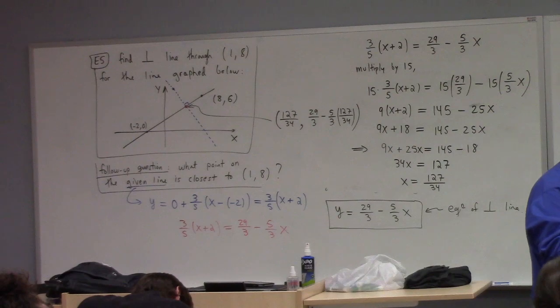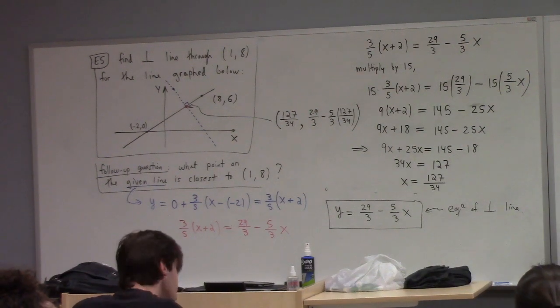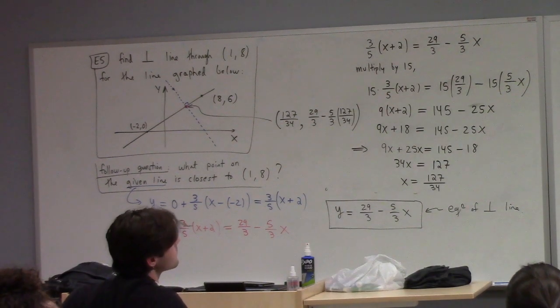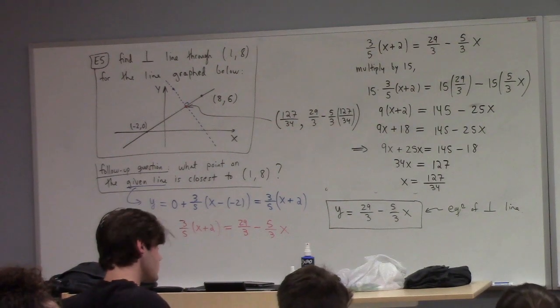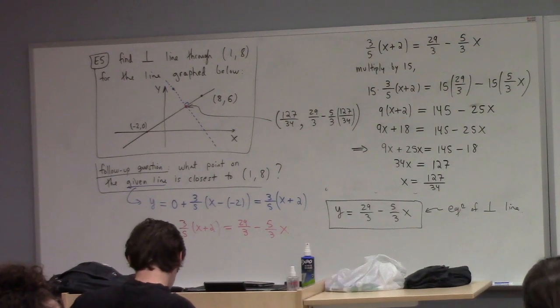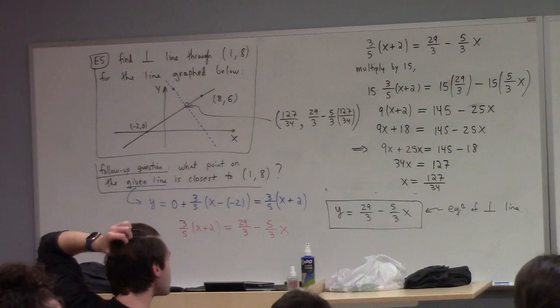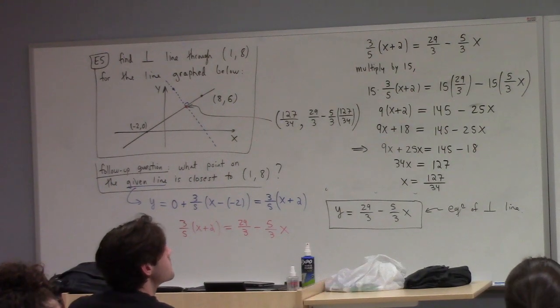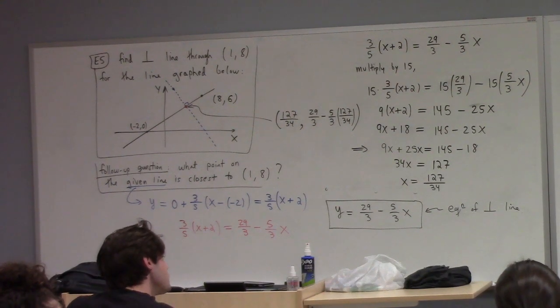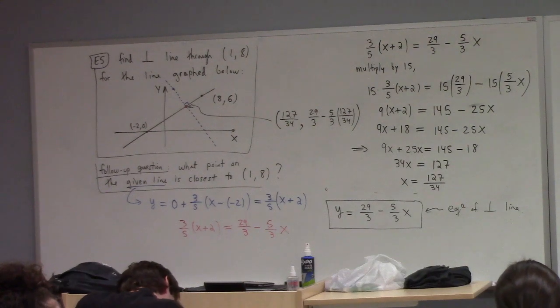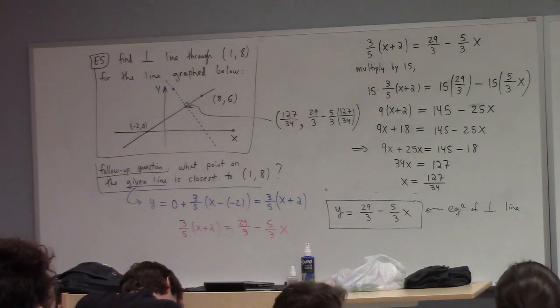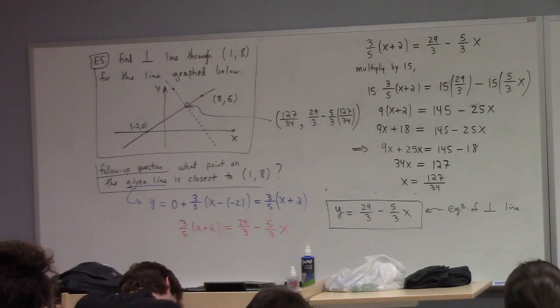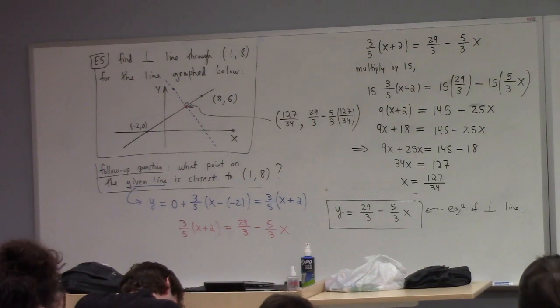Minus 5 minus 5/3, which is, what's that? I believe that's minus 20/3. So the solution is x equals 15, y equals minus 20 over 3, and z equals 5/3.